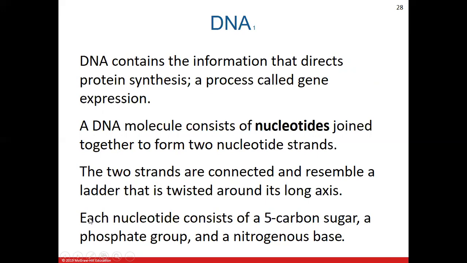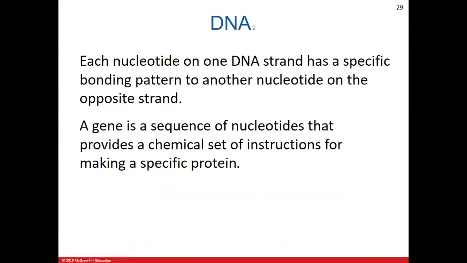Each strand of the nucleotide is going to have three parts to it: a 5-carbon sugar, a phosphate group, and a nitrogenous base, or a nitrogen-containing base. Each nucleotide has these three parts, and then you'll have a chain of those hooked together to create the DNA strand.